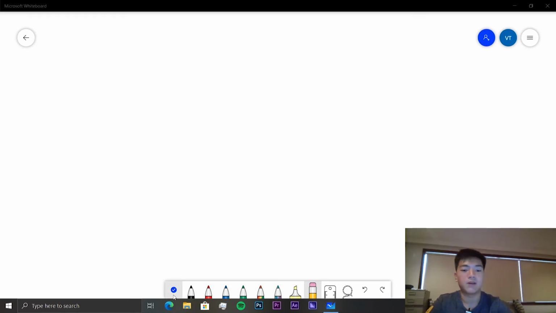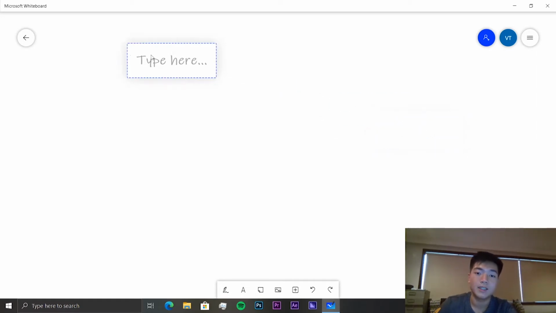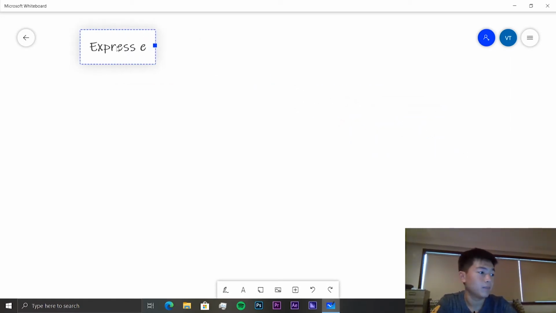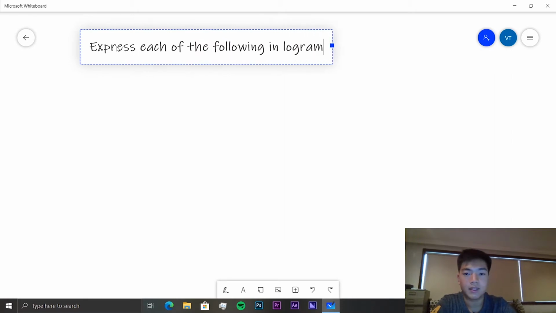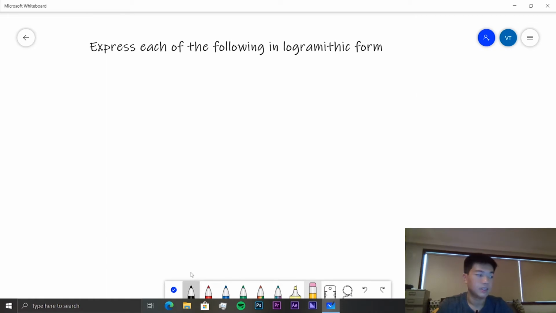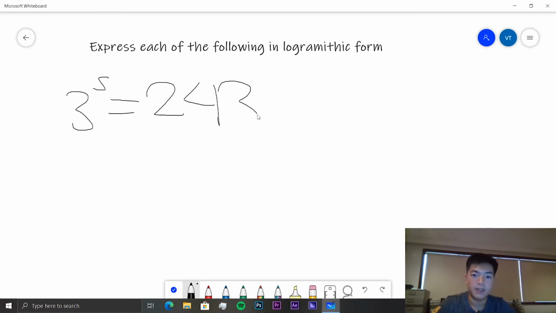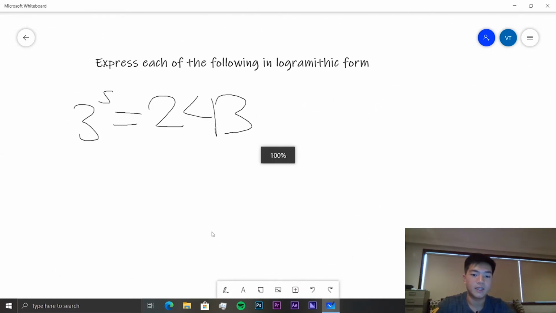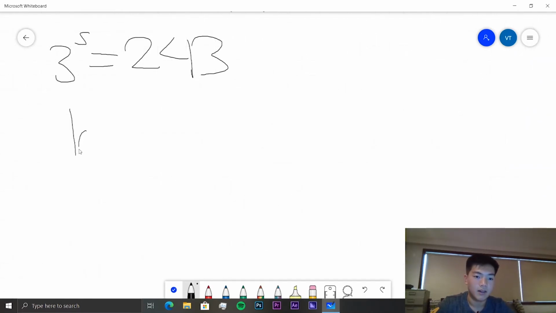So first problem, I'll do the odd ones again, is express each of the following in logarithmic form. The first one is 3 to the 5 is equal to 243. We express this in log form as log base 3 of 243 is equal to 5.